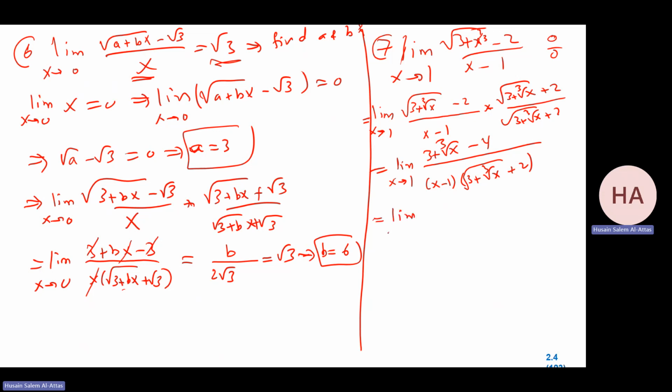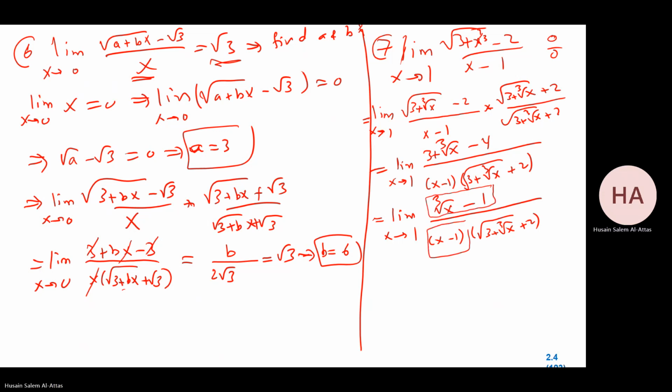Limit x goes to 1, cube root of x minus 1 over x minus 1, times the square root of 3 plus cube root of x plus 2. You can do it in two ways. Either you rationalize this, or you simplify this. How to rationalize the cube root? That's the problem.